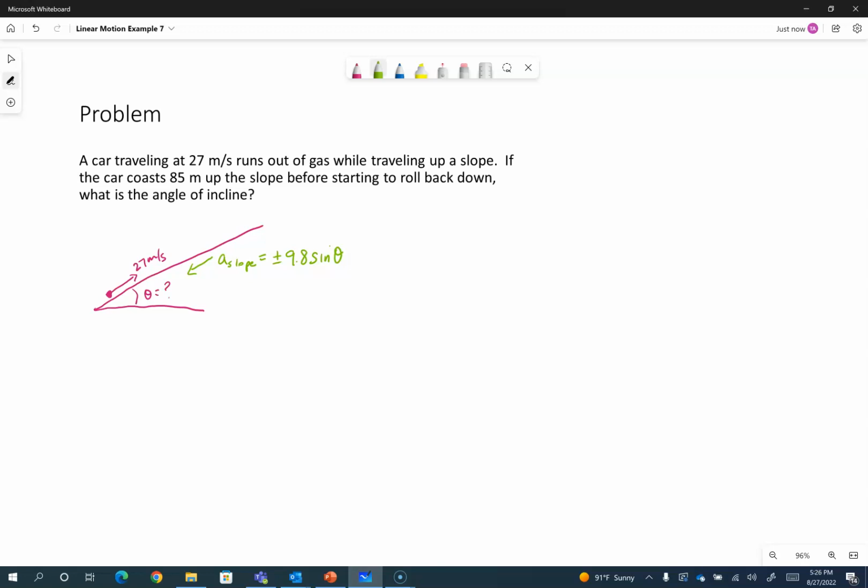We know the car will slow down, eventually have a split second where its velocity is 0, and then it will roll back down unless we put the brakes on.